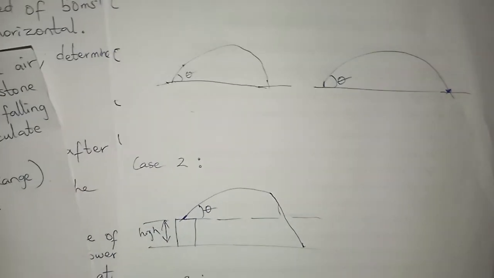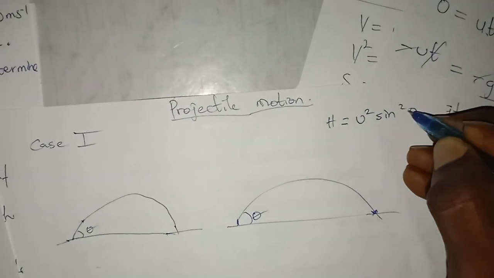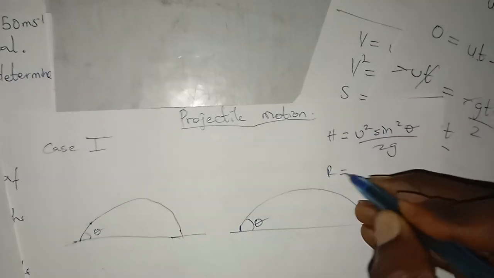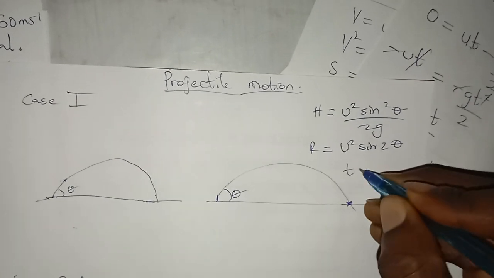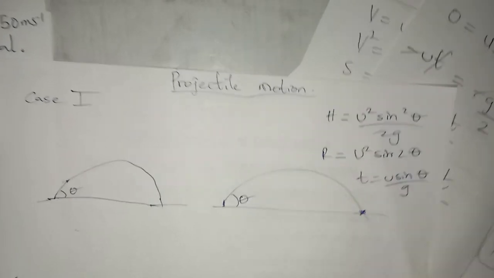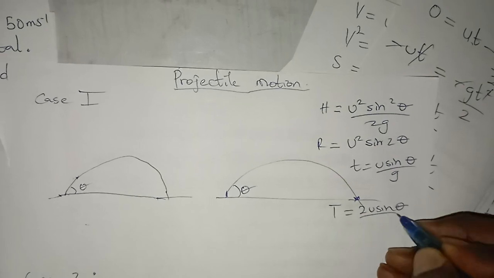But in case 2, once you see that the body is projected at an angle, in case 1 you make use of h equals u square sine square theta over 2g, r equals u square sine 2 theta over g, t equals u sine theta over g for time to reach maximum height, and t equals 2u sine theta over g.